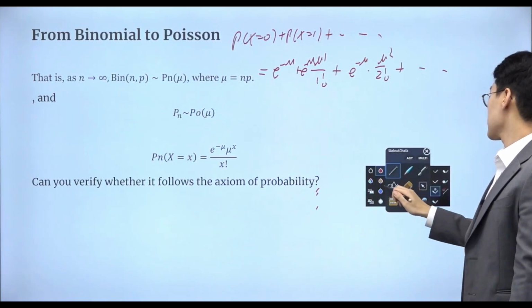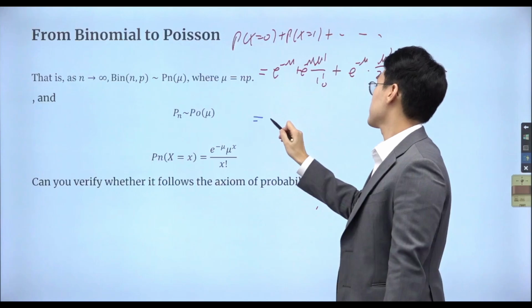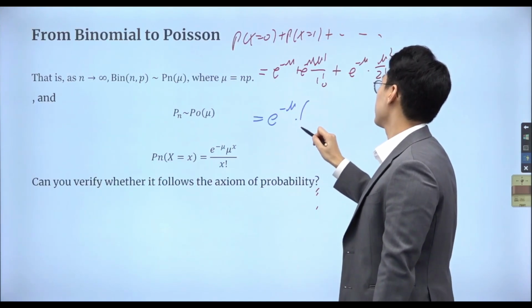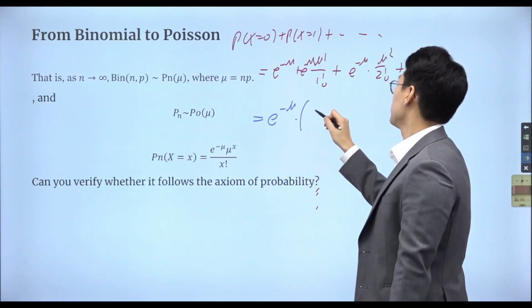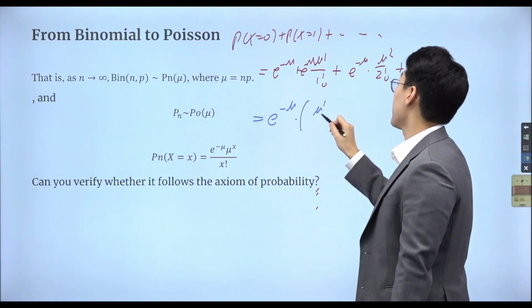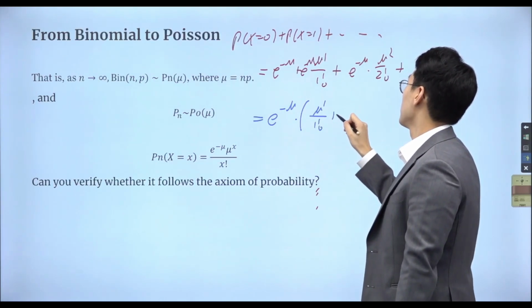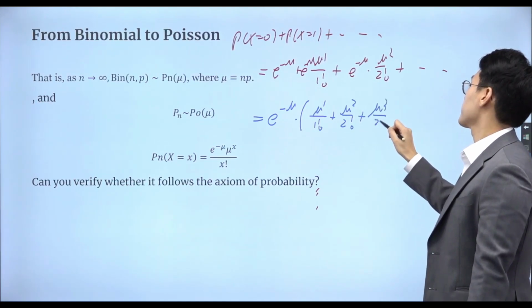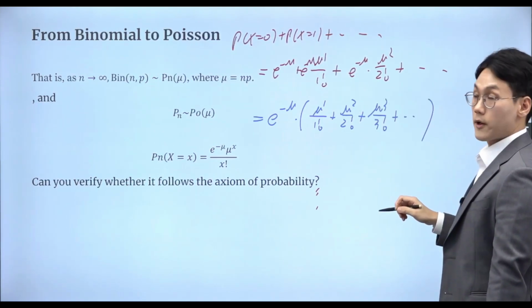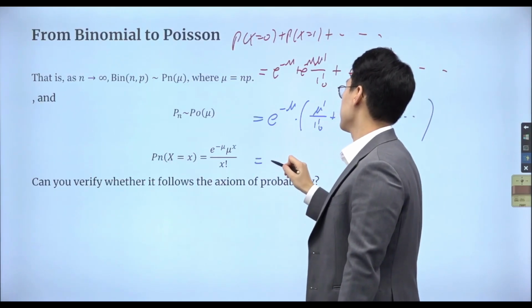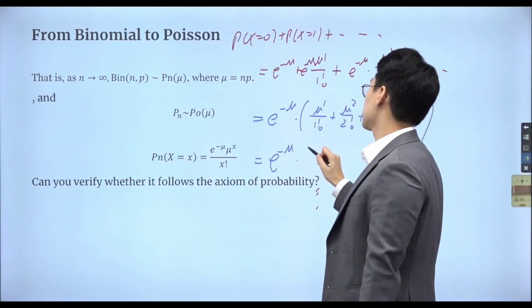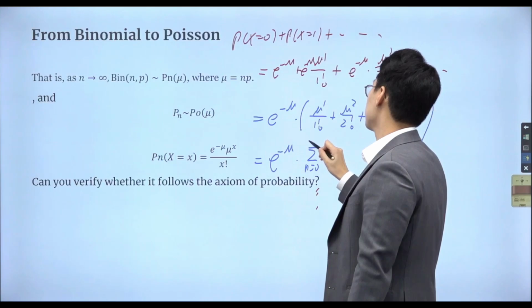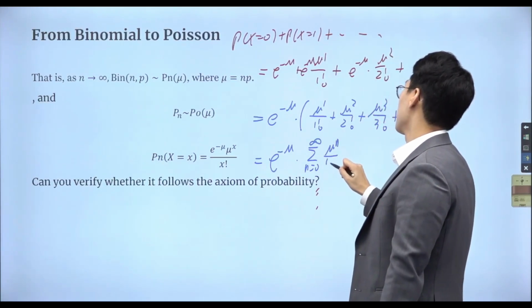So you can see that there's a common factor, right, e to the power of negative mu. Then I have mu to the power of 1 over 1 factorial, mu squared over 2 factorial, mu cubed over 3 factorial, goes on and on and on. And then you realize that this is going to be e to the power of negative mu, sigma n equal to 0 to infinity, mu to the power of n over n factorial.